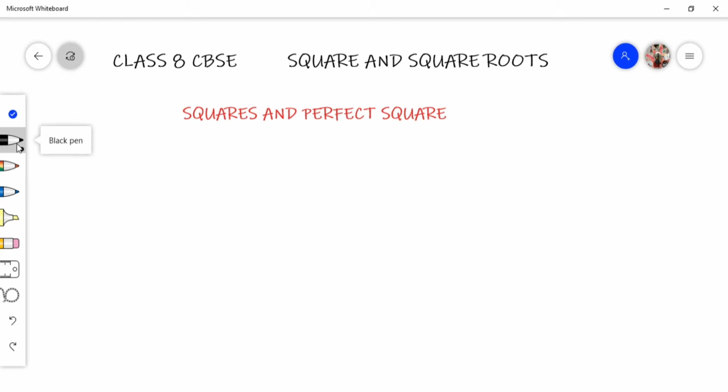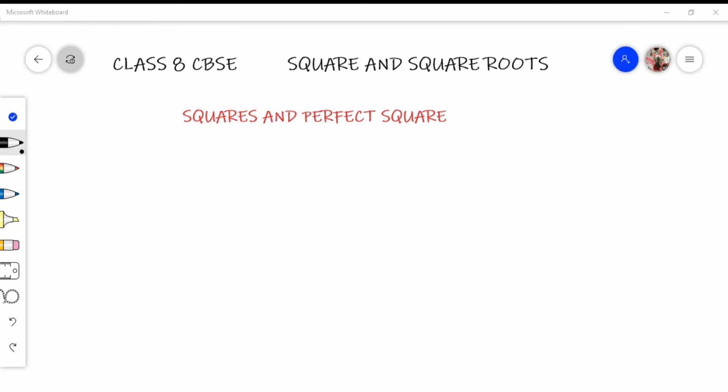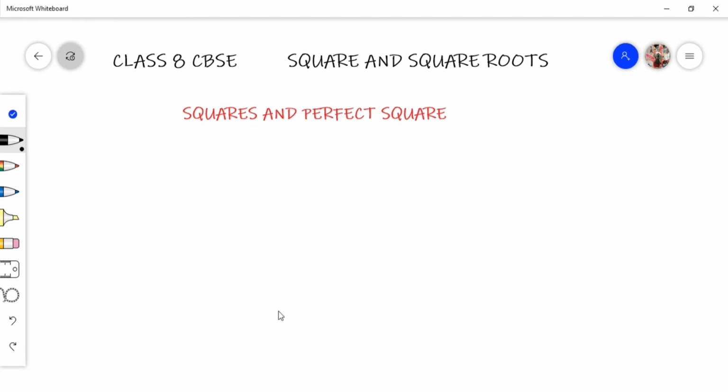So now let us see how to find whether a natural number is a perfect square or not. This is a very easy concept. Here what you should do is find the factors of the given number.